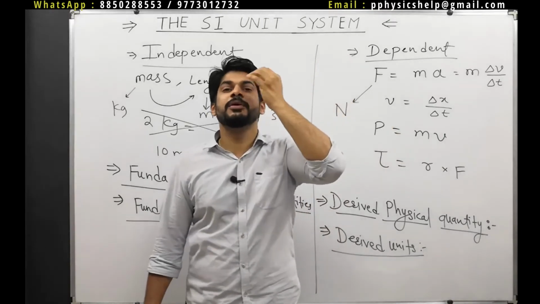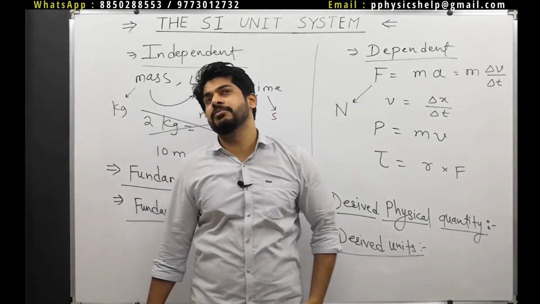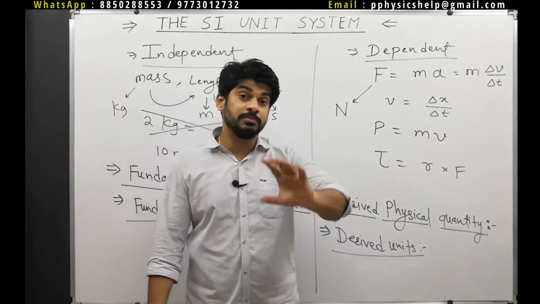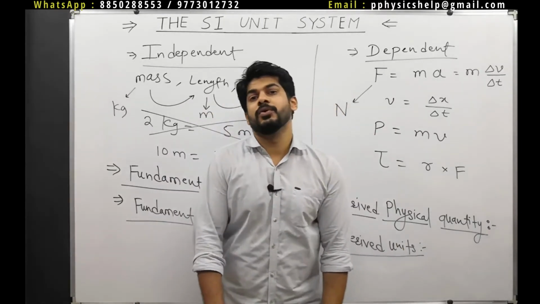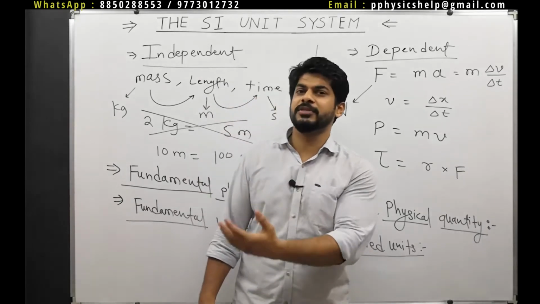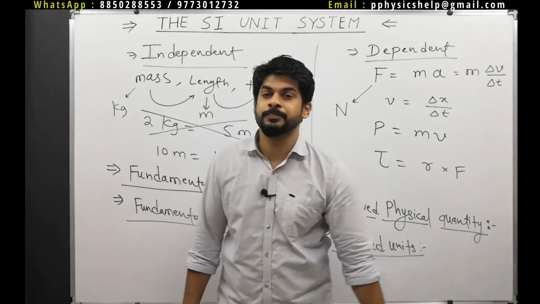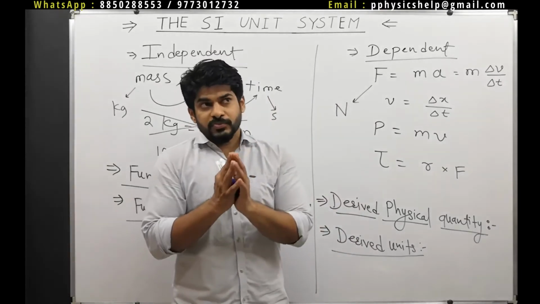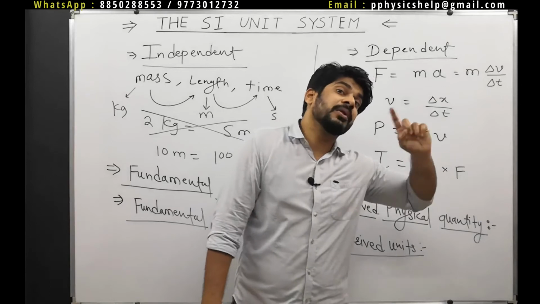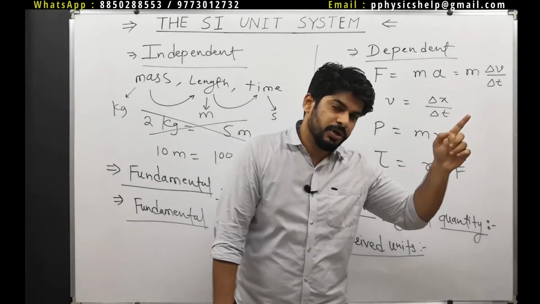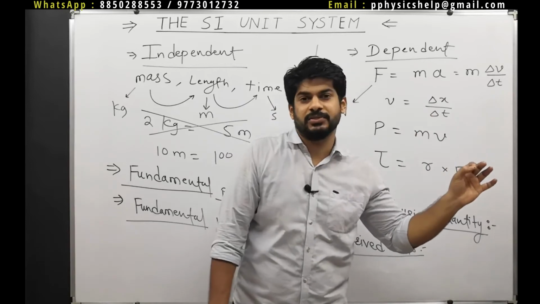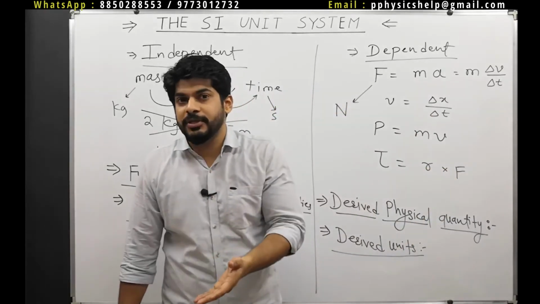Now CGPM conducts its meetings every 4 or 5 years, and in every meeting some changes are made in the definitions of the units, or maybe some new unit systems are introduced. One such meeting was conducted in 1971, which is considered one of the historic meetings of CGPM.